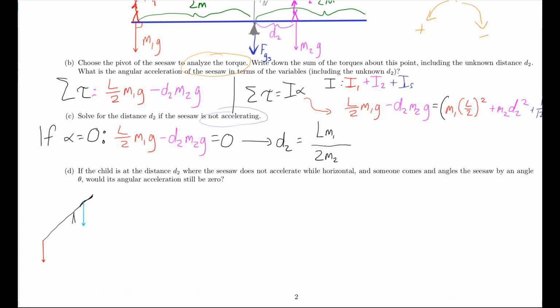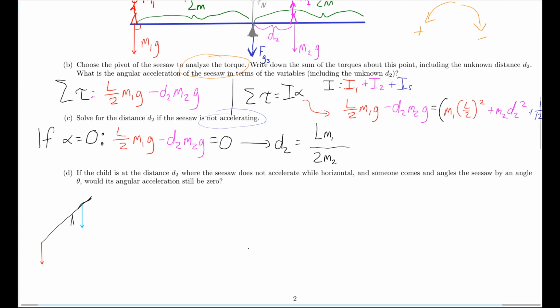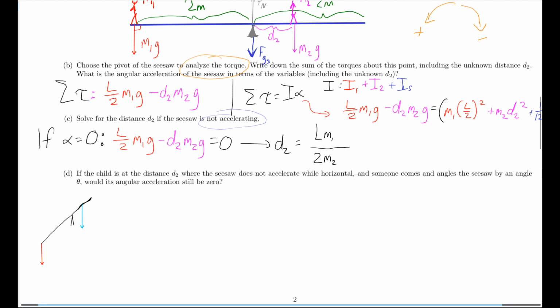and every calculation of torque would pick up a factor of the sine of that angle. But those factors of sine theta would cancel.